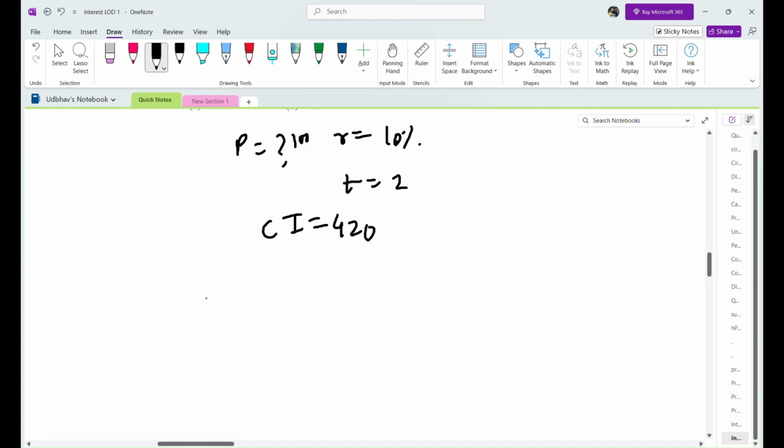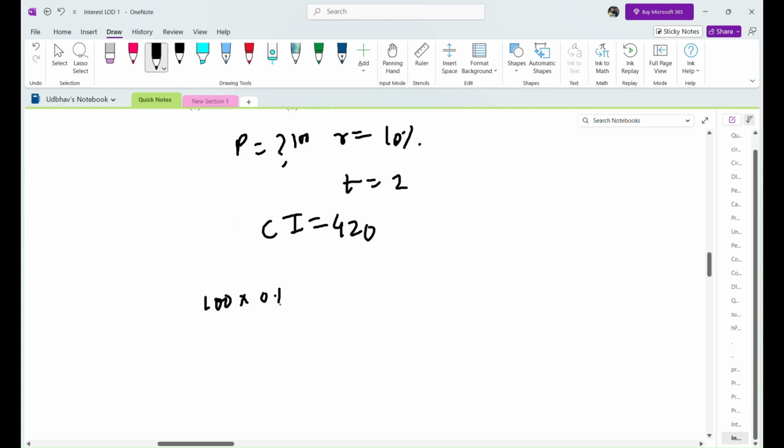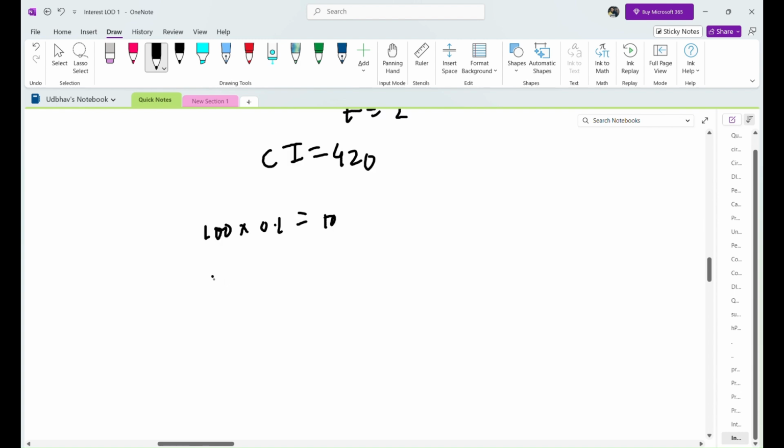If the principal is 100, for the first year, what will be the interest? 100 into 0.1, 10 rupees. For the next year, 110 will be the amount, and the interest will be 11 rupees. So the total interest is 21 rupees.